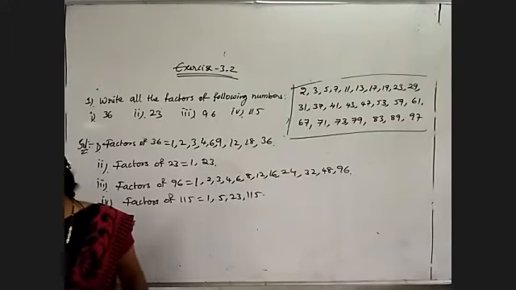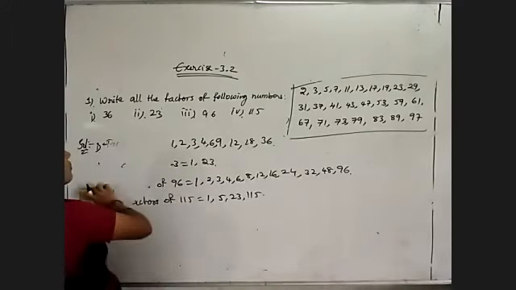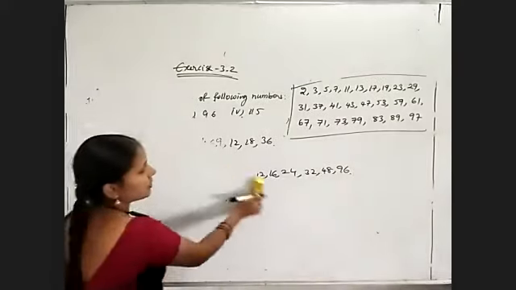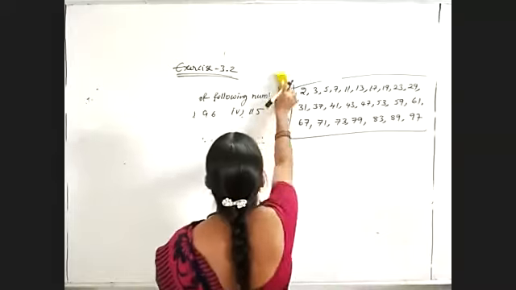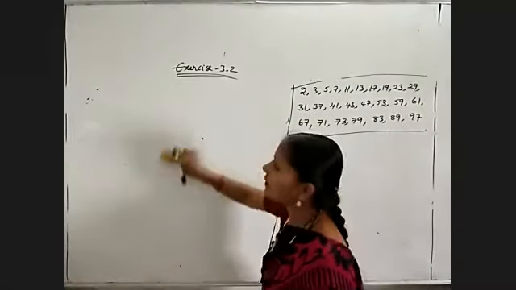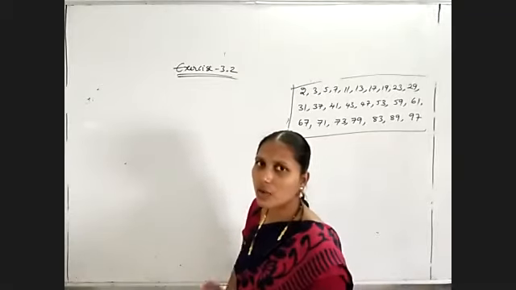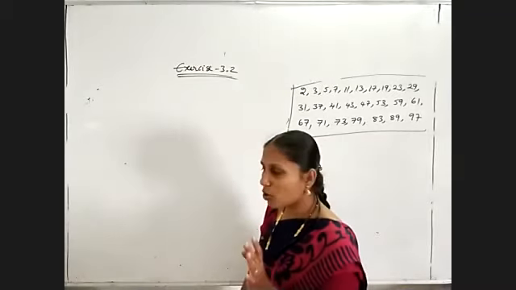Which of the following pairs are co-primes? Just now we have finished the co-primes topic. Co-primes are relative primes: numbers which have only 1 as their common factor. Otherwise, if the HCF of the numbers is 1, they are said to be co-prime numbers.